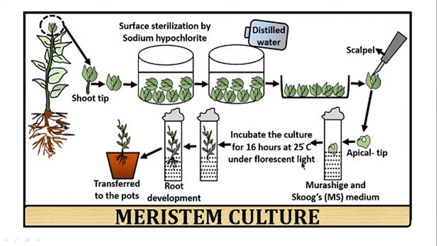During that period, the shoot is developed and roots are developed, and when the roots are developed, these are transferred into pots. In this way, cloned plants of the same species are produced, or by changing some environmental condition, nutrient condition or incubation condition, a new variety or new species can also be produced using this meristem culture.